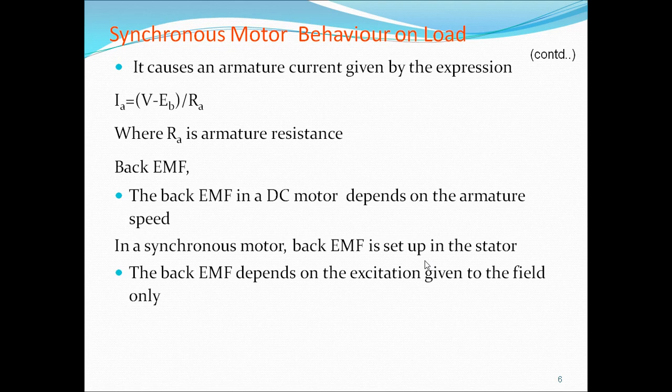The back EMF depends on the excitation given to the field only. That means if you increase or change the excitation, the back EMF changes. It does not depend on the speed.